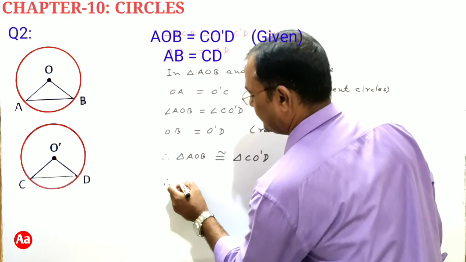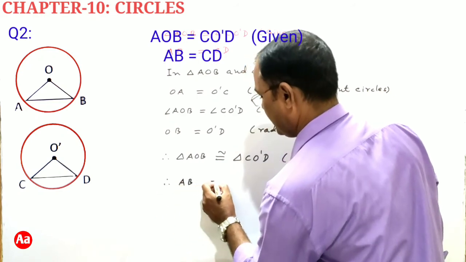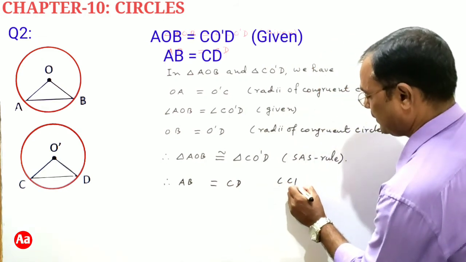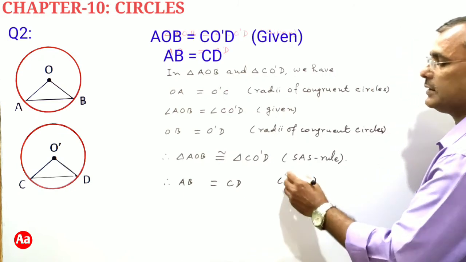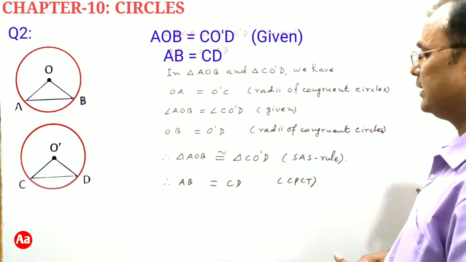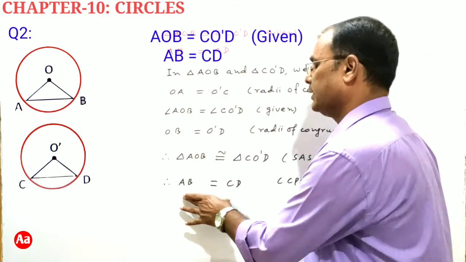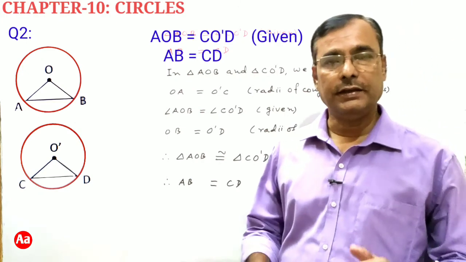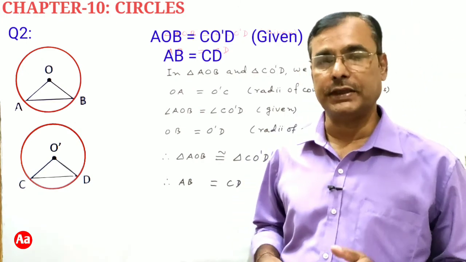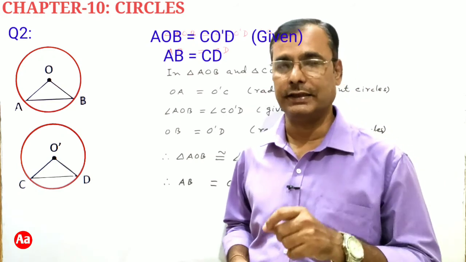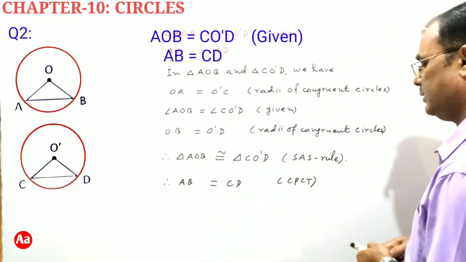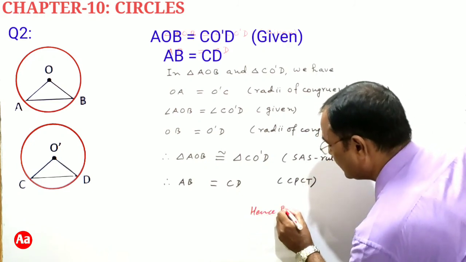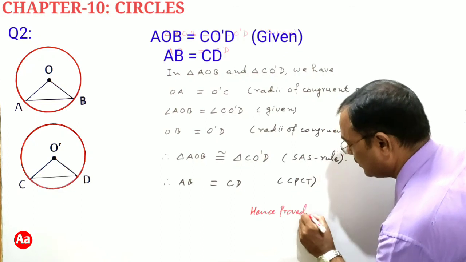Therefore, by CPCT, AB is equal to CD, as they are corresponding parts of congruent triangles AOB and CO'D, and this proves that if chords of congruent circles subtend equal angles at their centers, then chords are equal. So hence proved.